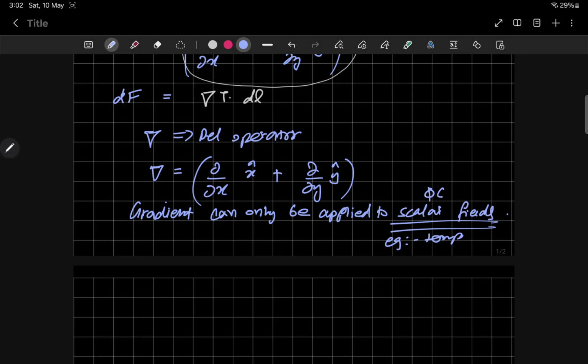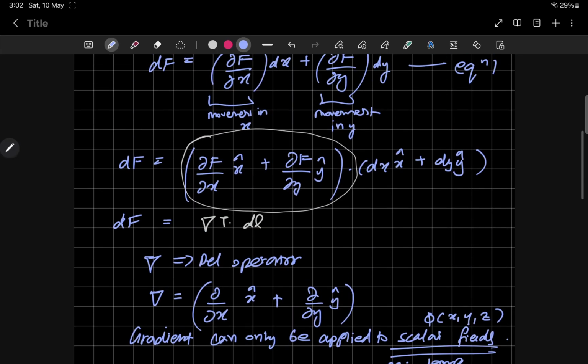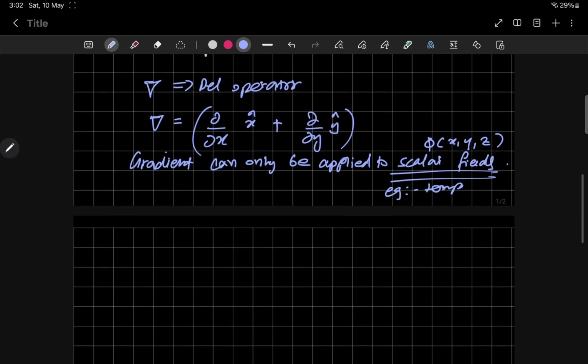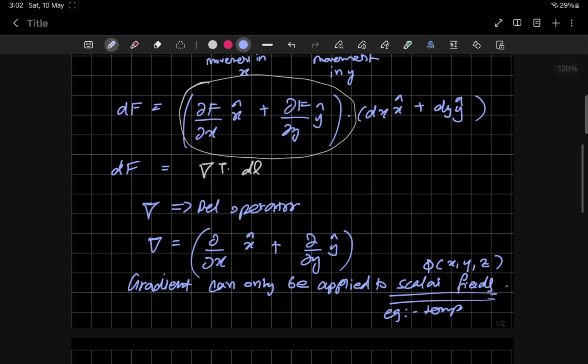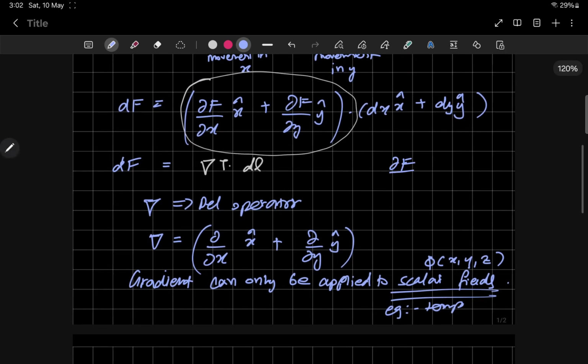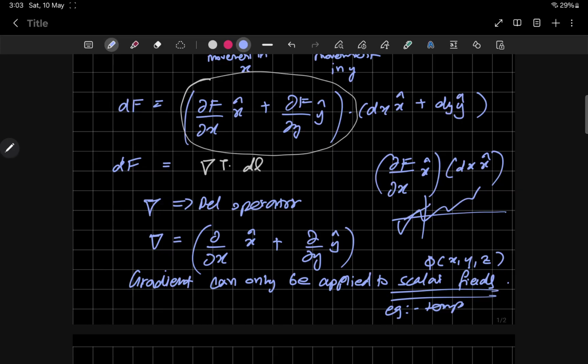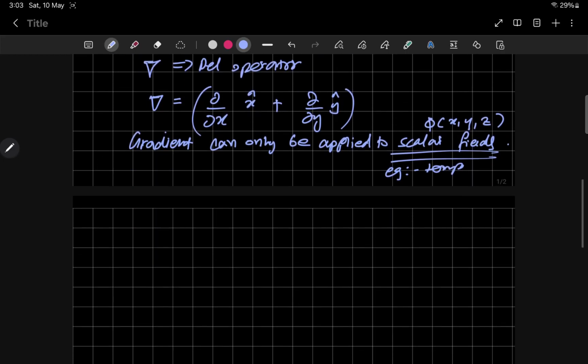You can call it psi of x, y, z, whatever. I am working in 2 dimensions, but obviously you can extend up to 3 dimensions. And if you restrict it to 1 dimension, it will just represent your slope. You take any graph, it will just represent the slope at that point. So it's more of a generalization of a slope in calculus.